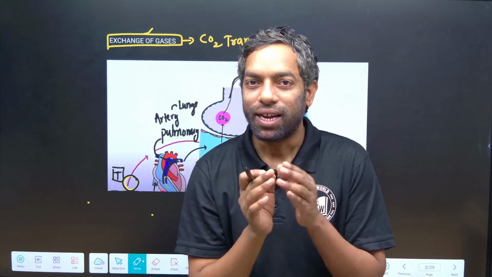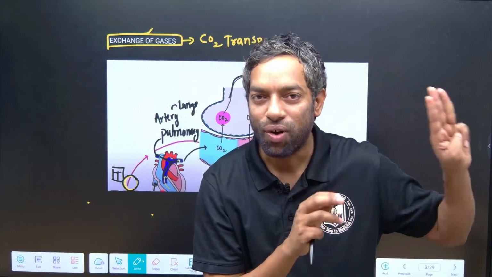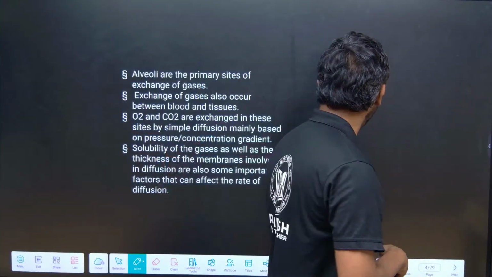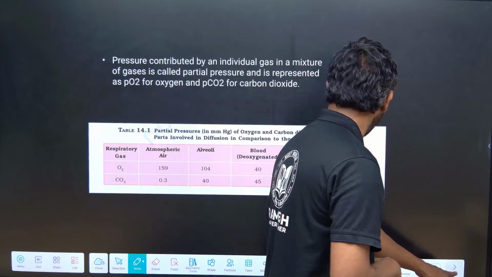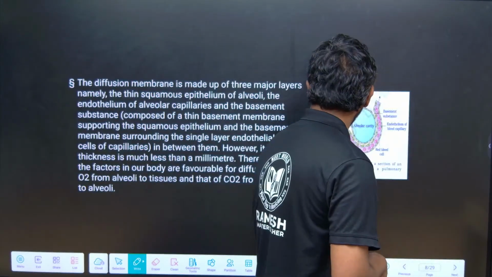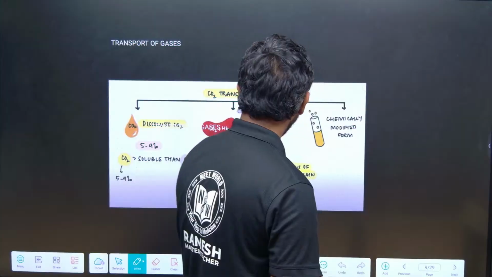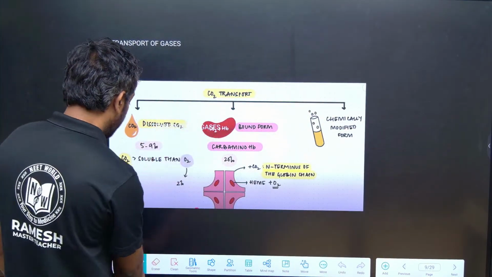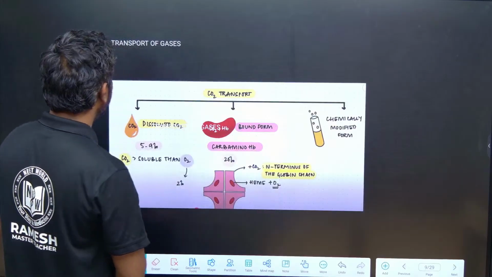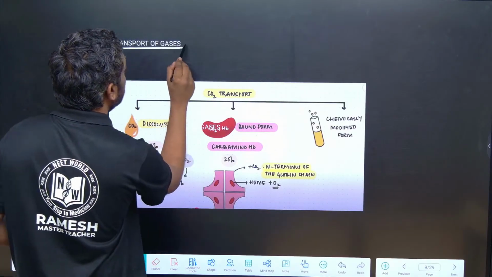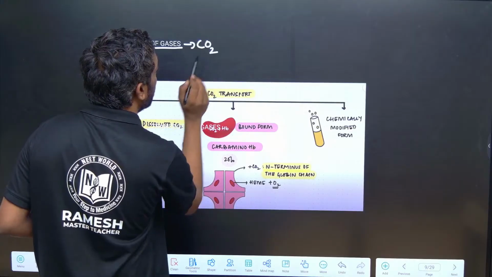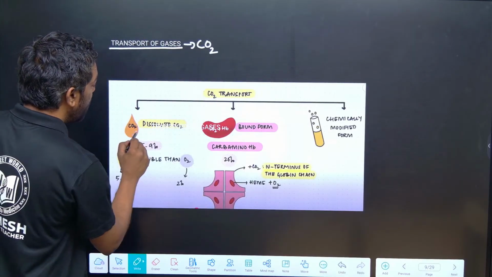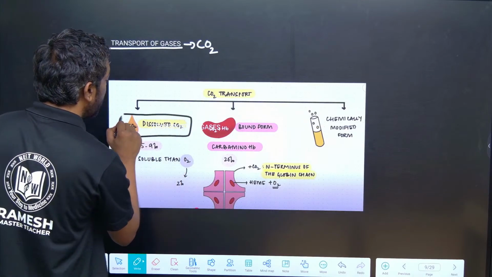CO₂, the gas, can be transported in three forms. This is the CO₂ transportation. Just look into this. Transport of gases, mainly CO₂. Here we are going to discuss CO₂ transported in three forms. First is the dissolved form.